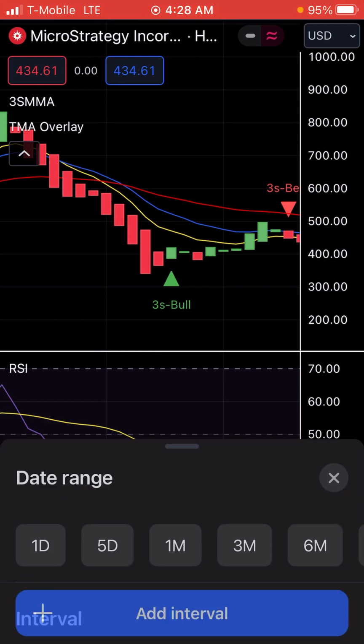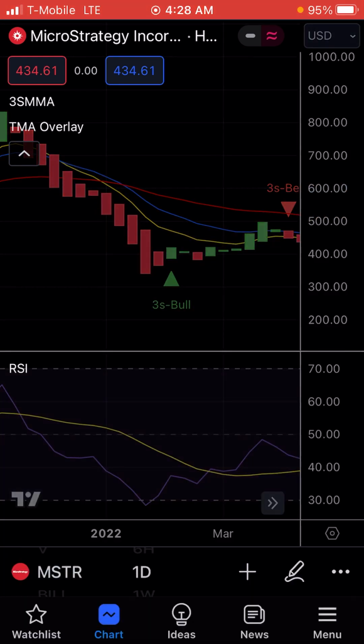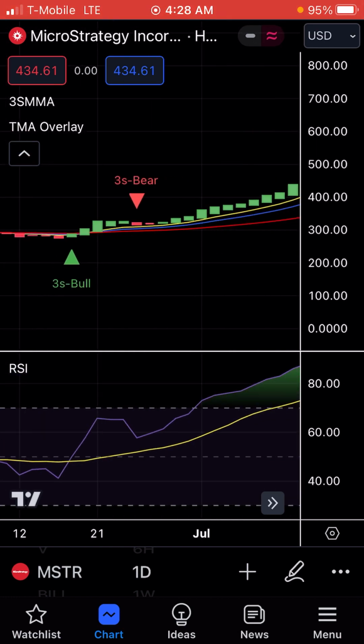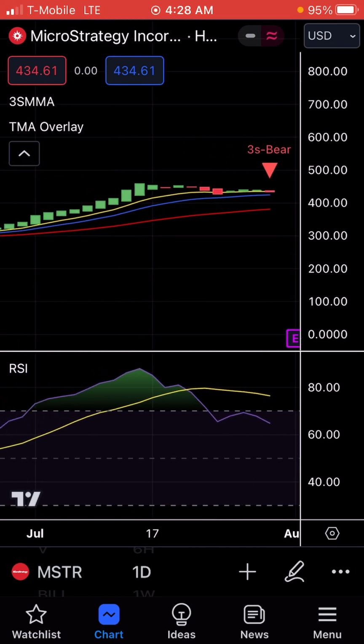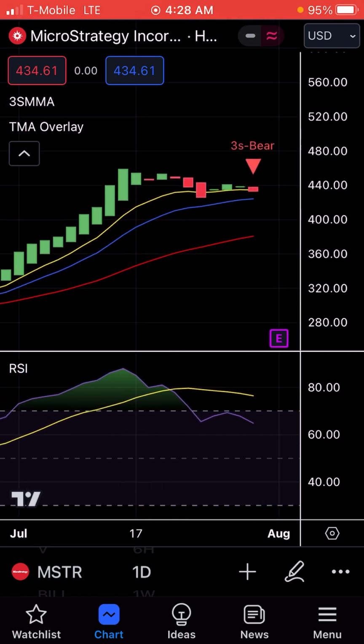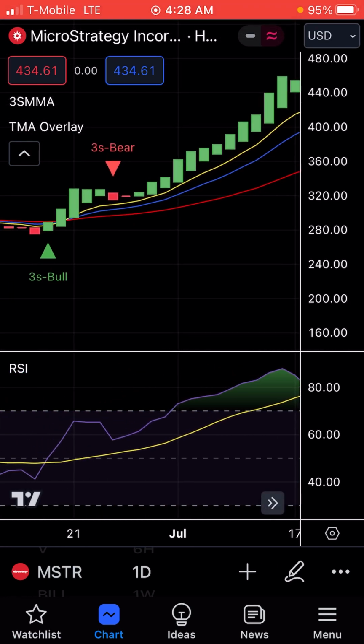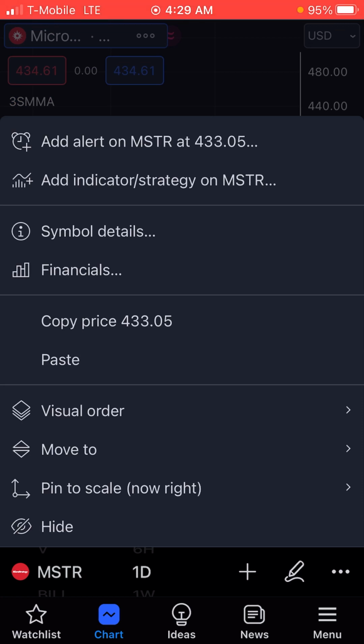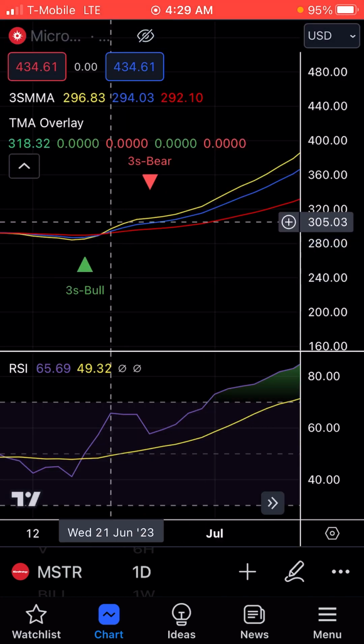Maybe let's look at this on the daily and see what results we can get. Now with the daily, what we're looking at is a 7-day. So what we want to look for is a cross. What we want to look for are the moments when it crosses, which is right here.